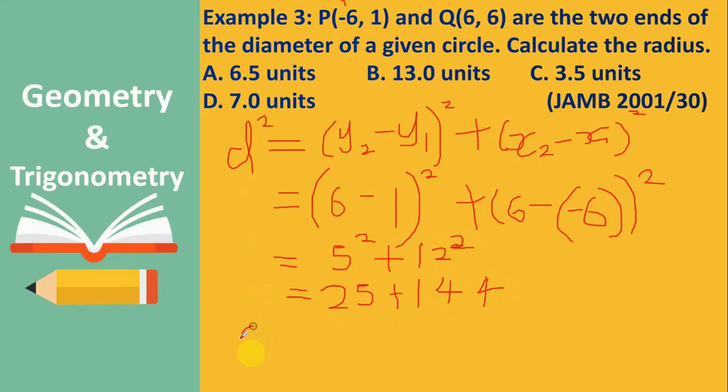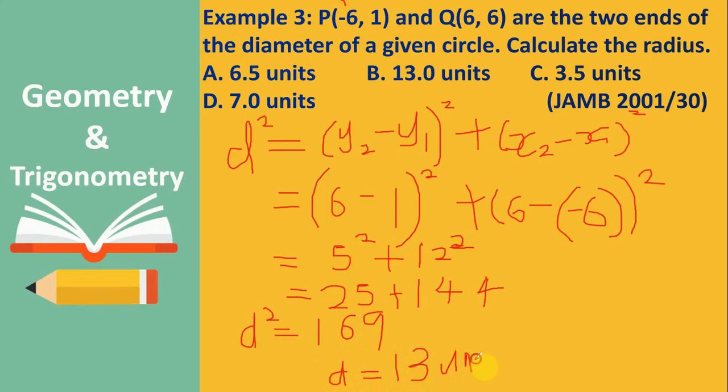When you add these two together, that will be 169. I hope you get that addition right. Then, how do I find my d? You take the square root of both sides, and that will be 13. Now, I have got my diameter to be 13 units.